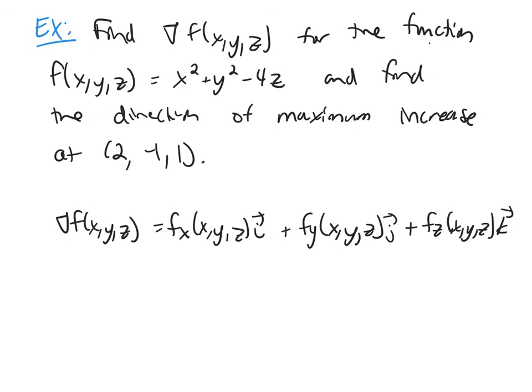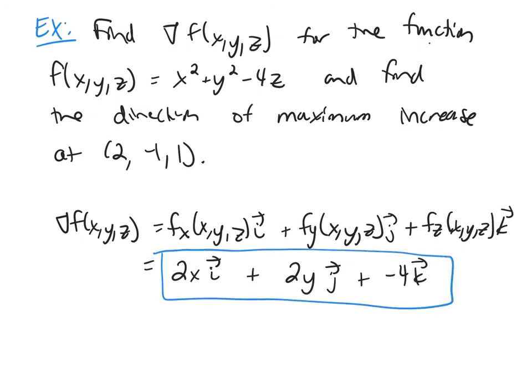So then take the derivative with respect to x, you'll get 2x i. The derivative with respect to y is 2y j. With respect to z is -4k. So here's my gradient. So I've answered the first part of this question.